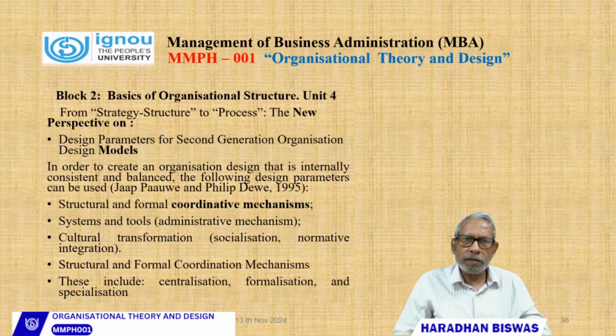The following design parameters can be used: the structural and formal coordinative mechanisms, systems and tools, that is administrative mechanisms, cultural transformations, you can say socialization, normative integration. The structural and formal coordination mechanisms include centralization, formalization, and specification.